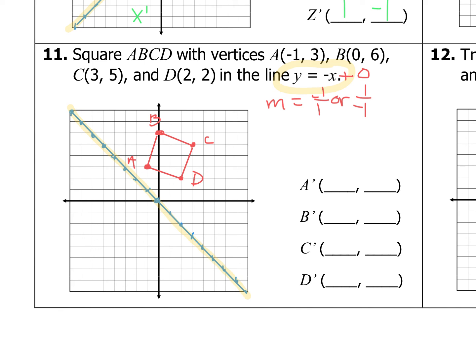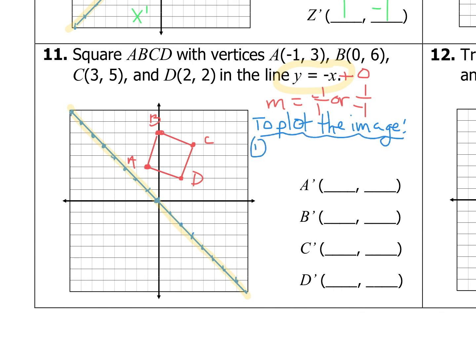Okay, so that's our pre-image. So because it's different than y equals x, it's y equals negative x. To do the math to reflect this, you're going to have to do two different things. So write yourself the note to plot the image. You have to do two things.